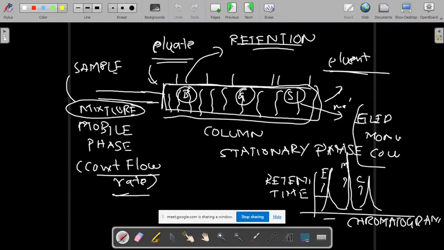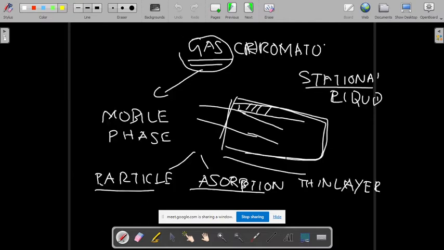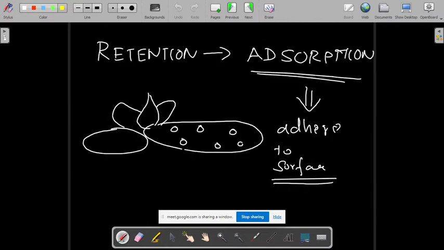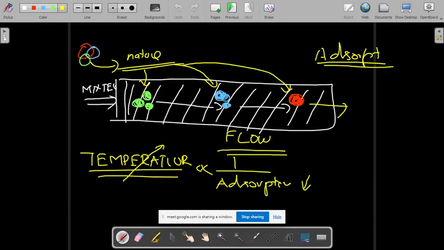Now, the primary factor is adsorption. Whichever has the least adsorption will leave the column first, and whichever has the maximum adsorption will leave the column last. To control adsorption, we use temperature. We saw that temperature is inversely proportional to adsorption.